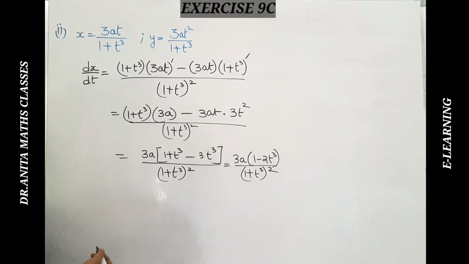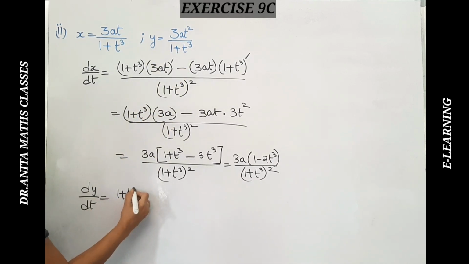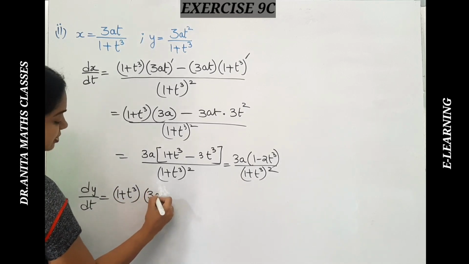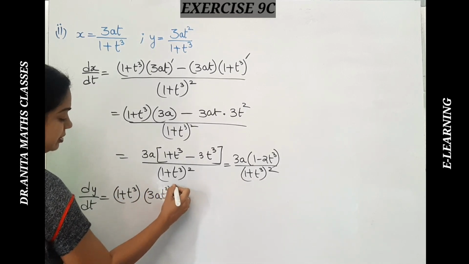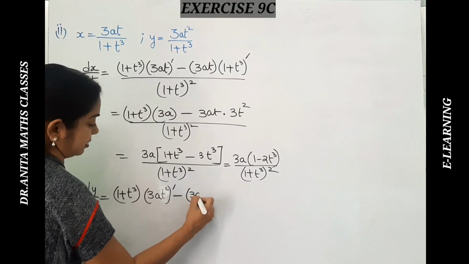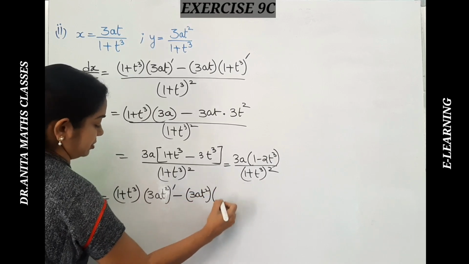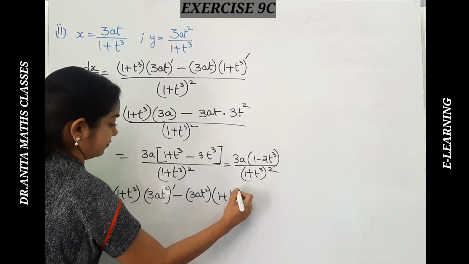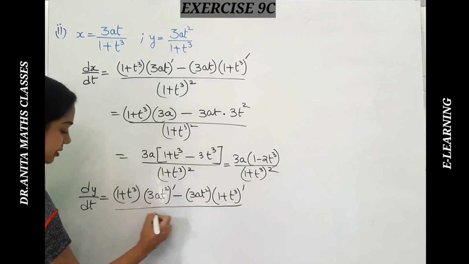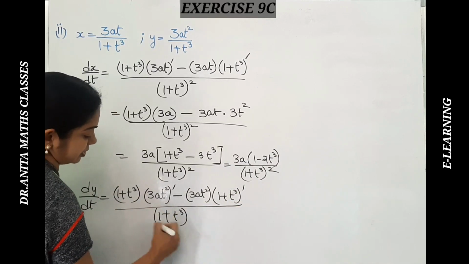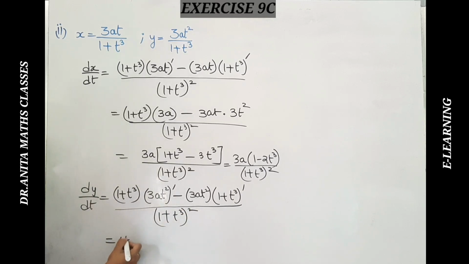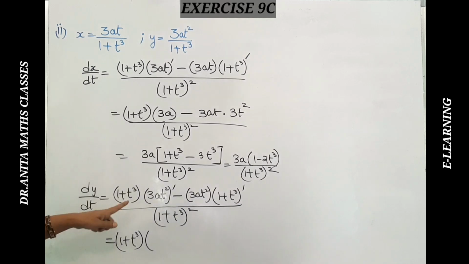Now we will do dy by dt, the second function. Same the uv rule. So v into the derivative of 3at square, minus 3at square u into the derivative of the first, that is v function, divided by 1 plus t cube whole square. So that is 1 plus t cube into derivative of this, 3a comes out and 2t.